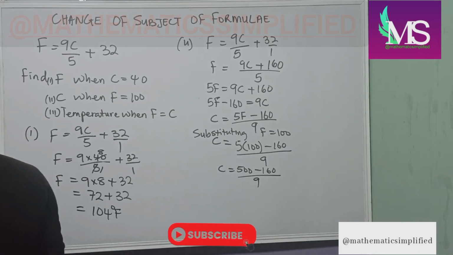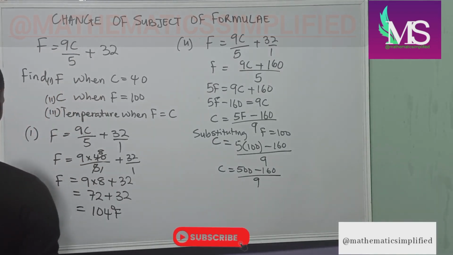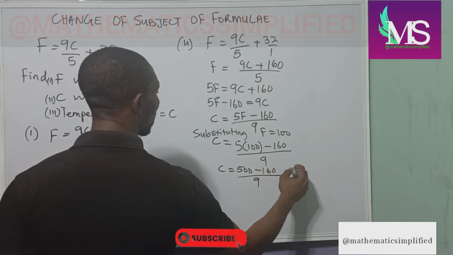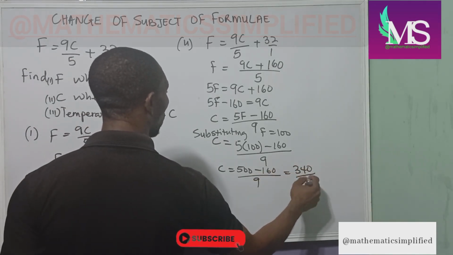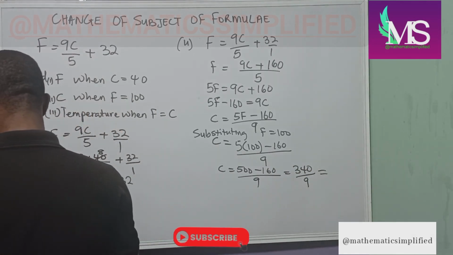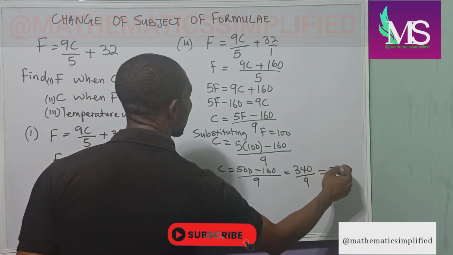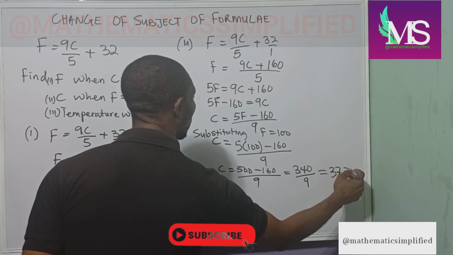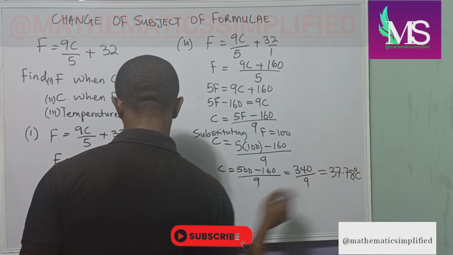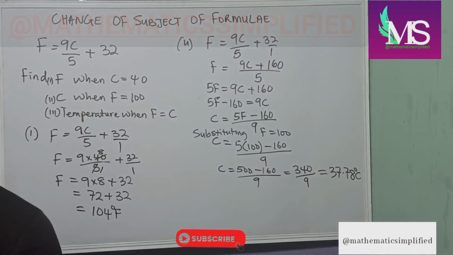Now 500 minus 160 would give us 340. So having this as 340 all over 9, C would be 340 divided by 9. C will be 37.78 degrees Celsius. Okay, so that is the value of our C.